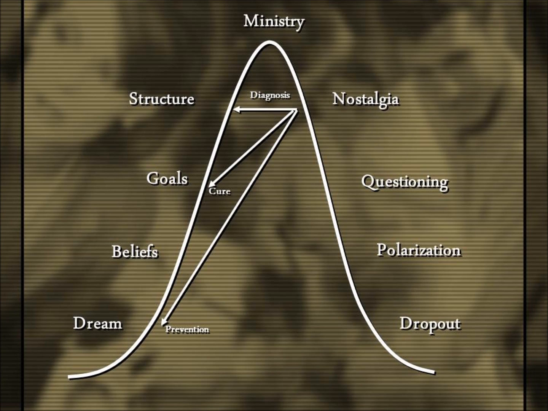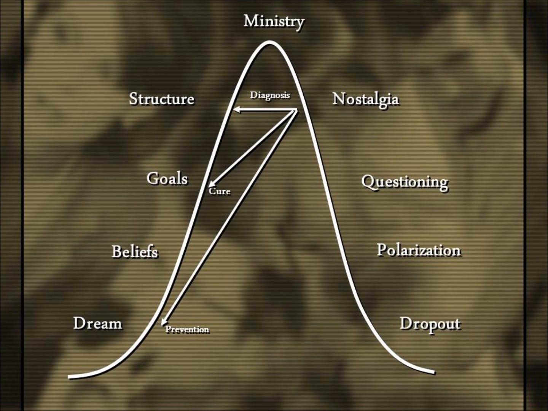Before you have the same graph, only this time you will find diagnosis, cure, and prevention. Now, if you will simply remember the first graph that we saw, on the right-hand side, there was early decline, and then it moved to later decline and death. Those are similar types of stages as we're looking at now. They roughly correspond with nostalgia, questioning, polarization, and dropout.